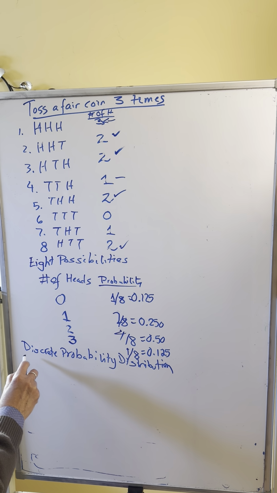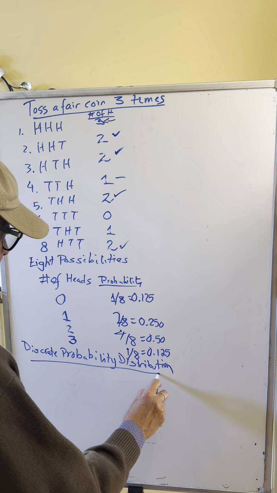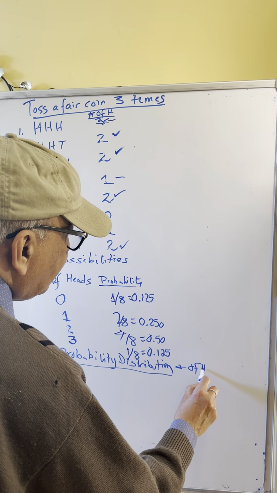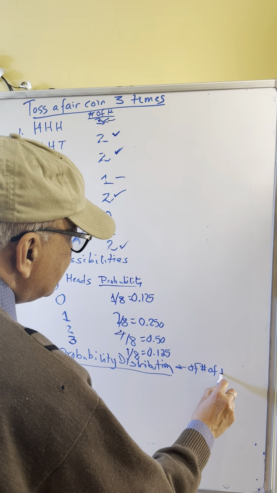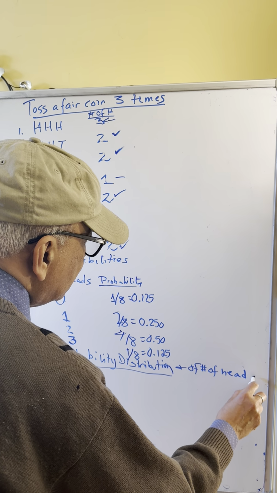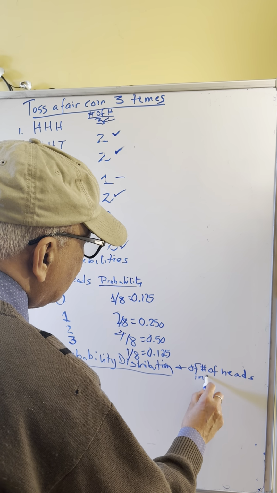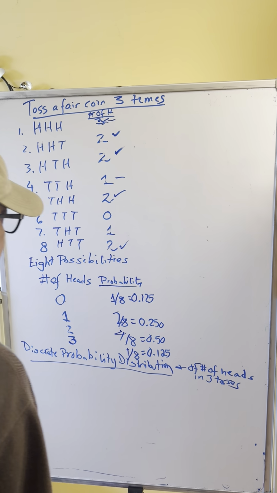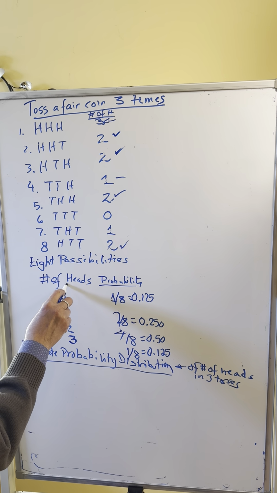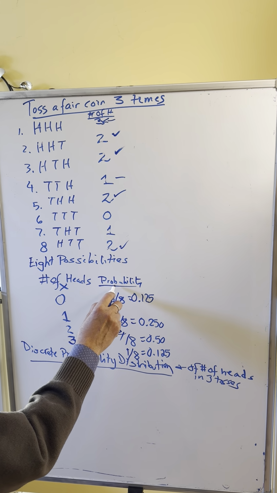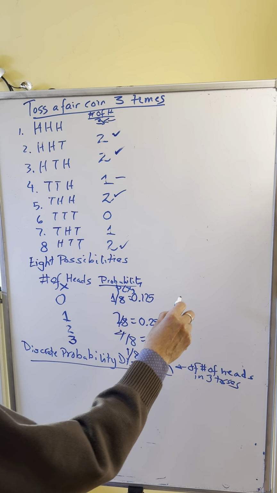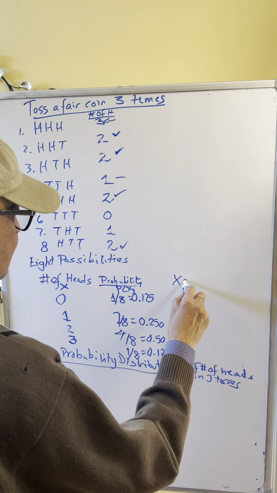For a discrete probability distribution, what is the probability of the number of heads in 3 tosses? So you can think of this as x, number of heads, and this is the probability of x. So let's multiply x times p(x).